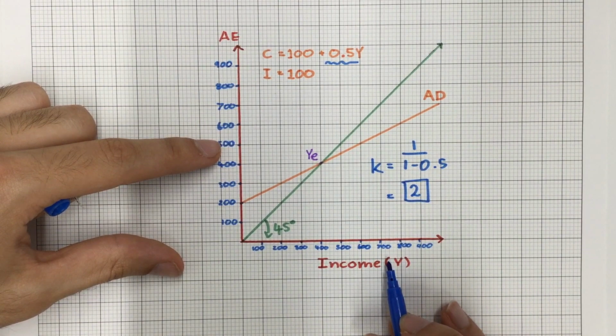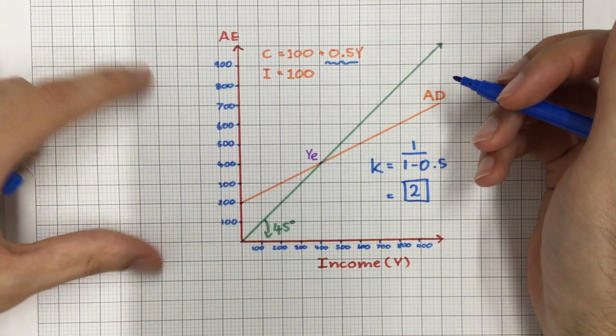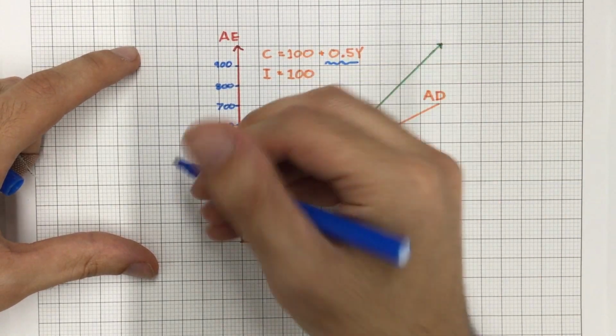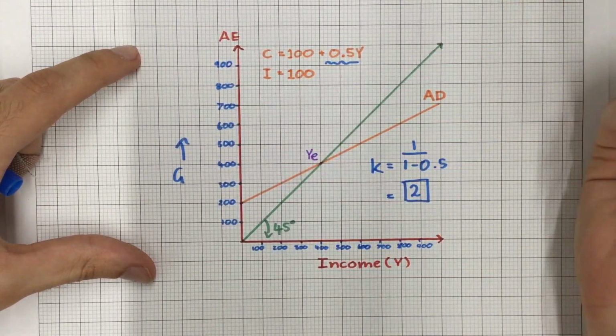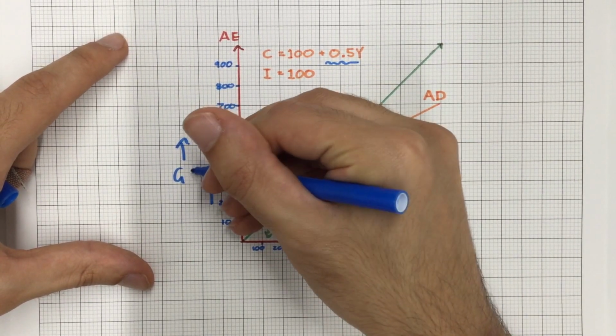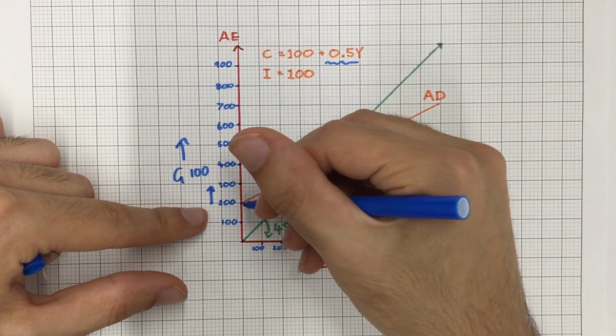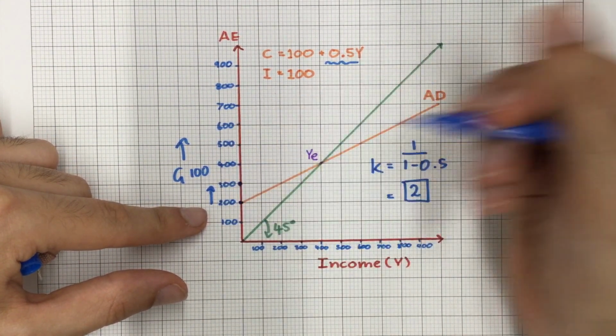So if we look on the graph here, every $1 we increase in spending, we will see a $2 increase in national income. So for example, let's increase our government spending. Let's say government spending is going to increase by 100. It's going to take us from here to here.